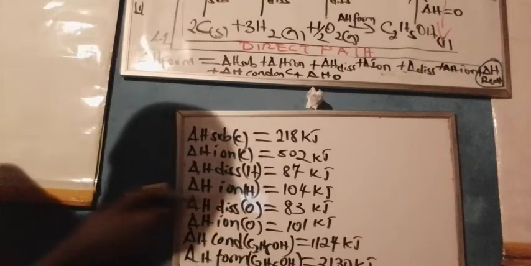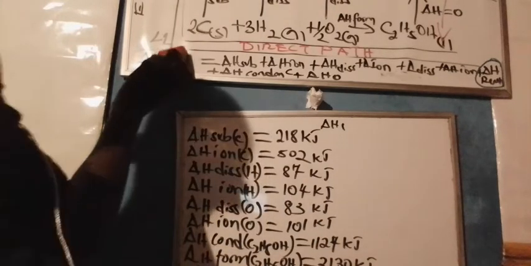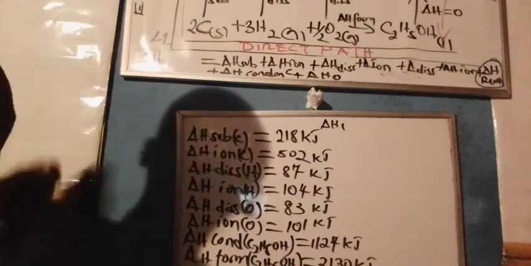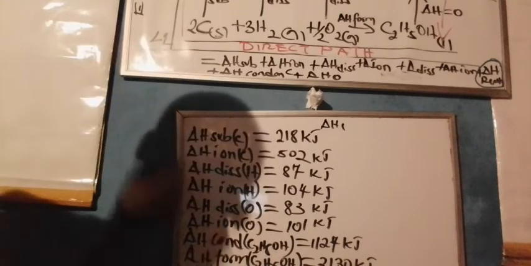Let's see how this is going to be. Our delta H formation has been given. So in substitution, as we substitute, instead of delta H of formation, we'll simply write the value, which is 2130.